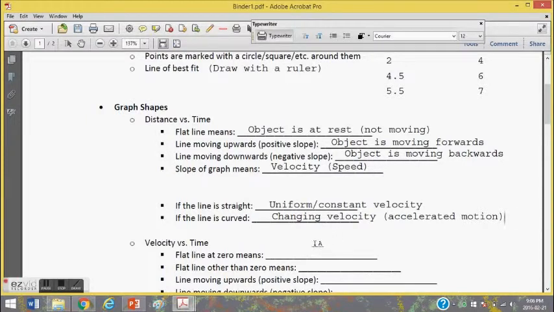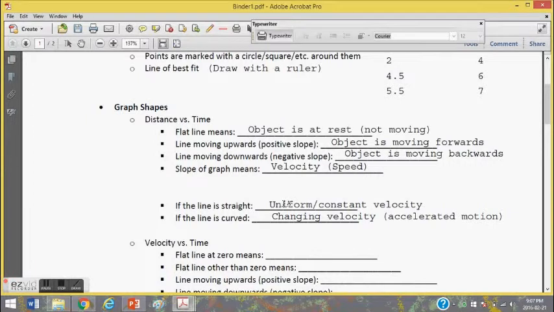In Science 10, Physics 20, Physics 30, curved lines don't tell us a ton. If you decide to take university and you learn calculus and all kinds of fun math, curved lines tell you more. For us, curved lines aren't going to help us a bunch. So if we see a curved line, we say, great, it's accelerated motion, or we'll look down here at what that means with velocity versus time. We can say a few very general things, but what we can't do with it is any calculations.